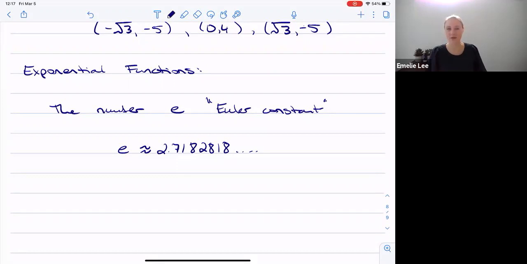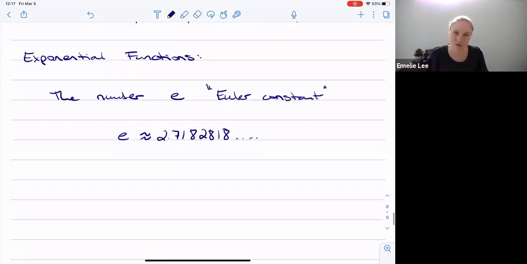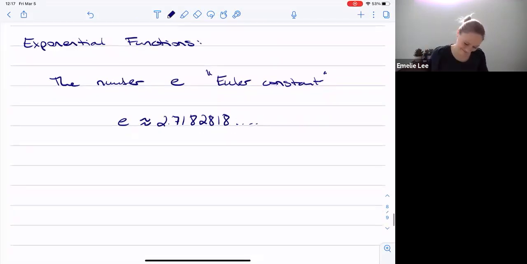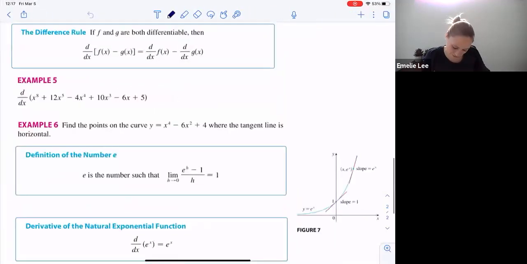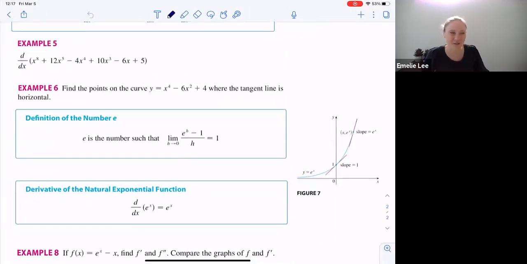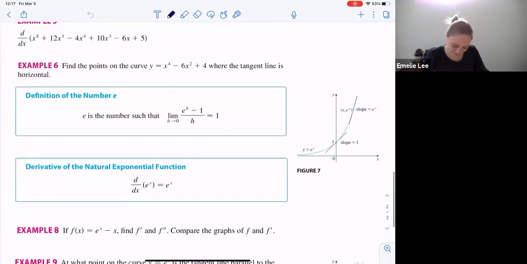If I had to use a rounded value, which you don't, it's on your calculator, I would use 2.7182818. There's a song, I have never known the song, but my master's supervisor would always sing it. Anyways, you don't need to know e to however many decimal places.